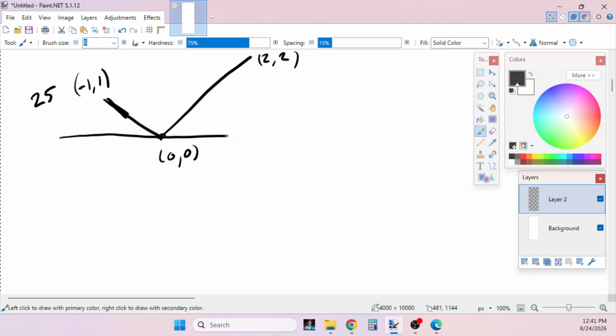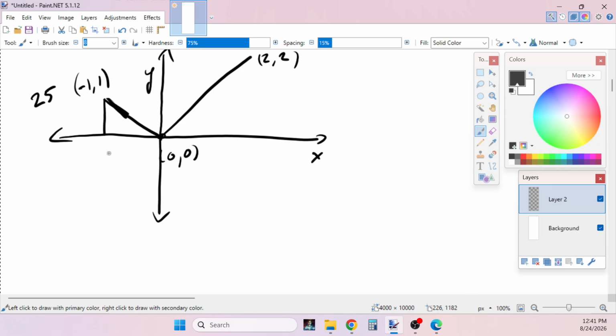Here's our x-axis, and here's our y-axis. And now we're going to make some rectangles.